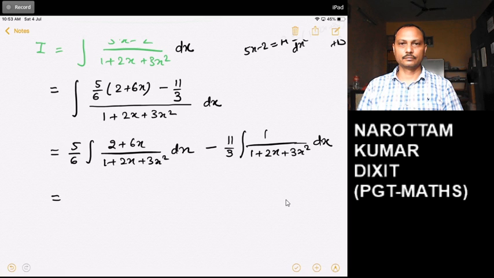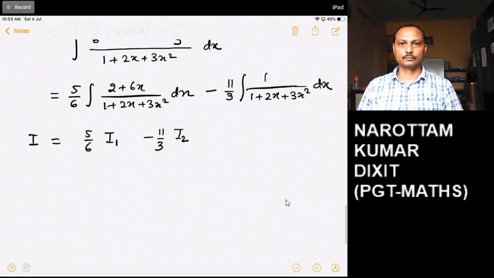So here we have two integrations, one is taken as I1 and the second one as I2. This is 5 upon 6 times I1 and minus 11 upon 3 times I2. So I1 is the integration of 2 plus 6x upon 1 plus 2x plus 3x square, and I2 is equal to the integration of 1 upon 1 plus 2x plus 3x square.